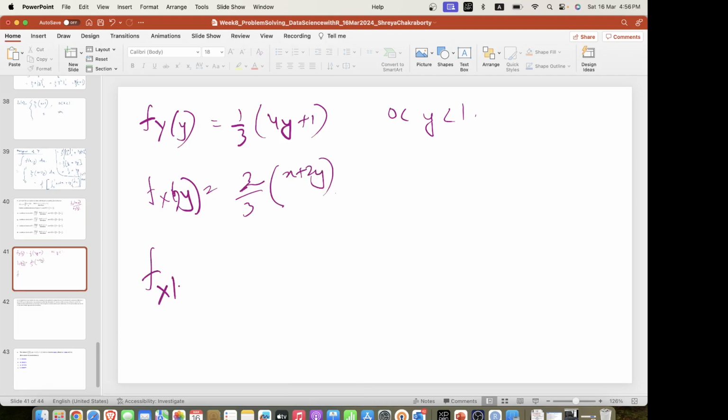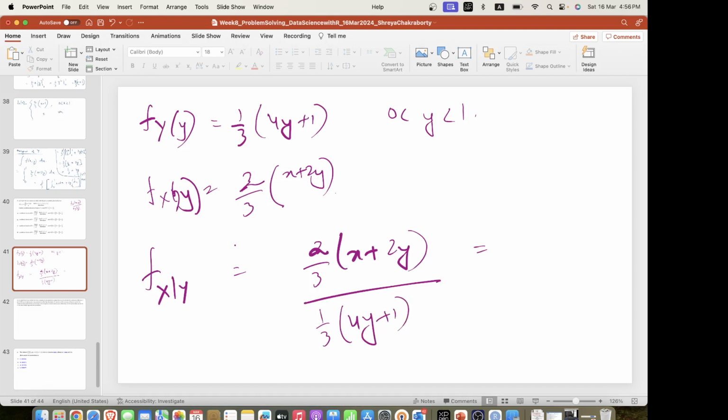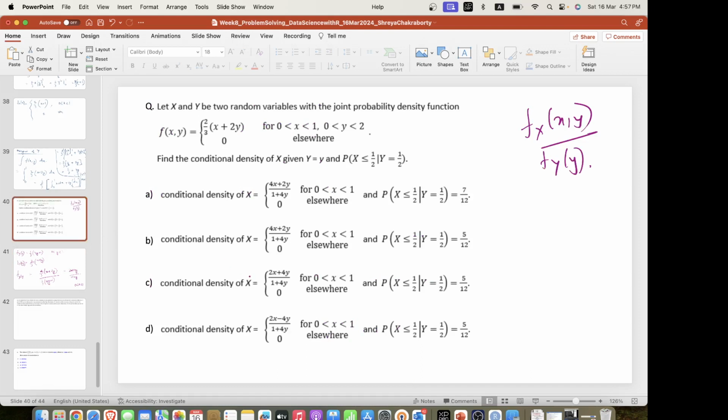So then f of x given y would be 2/3 (x plus 2y) by 1/3 (4y plus 1). So that is 2x plus 4y by 1 plus 4y. And for x given y, we have to specify the range of x, 0 less than x less than 1. So this is your conditional distribution, for 0 less than x less than 1.